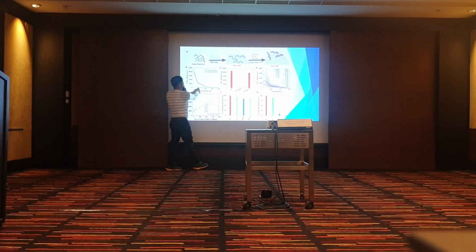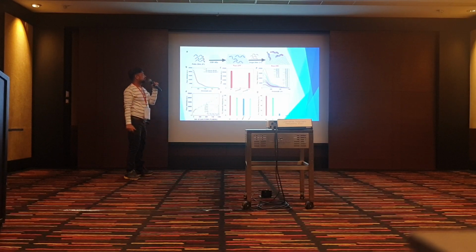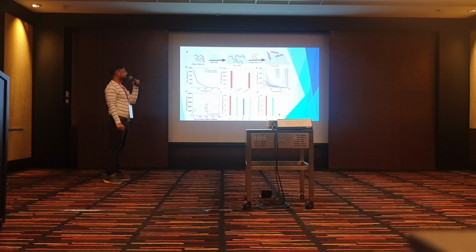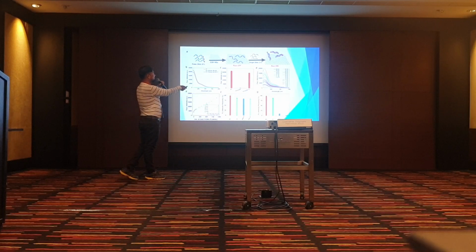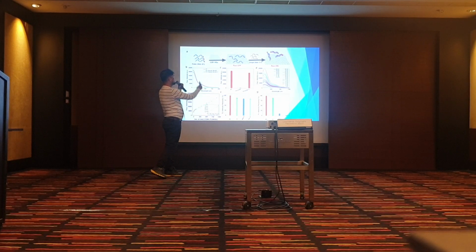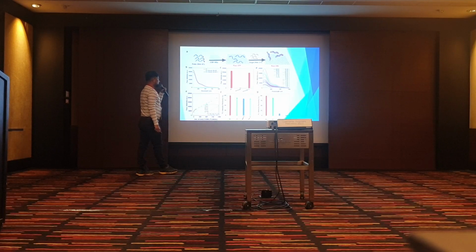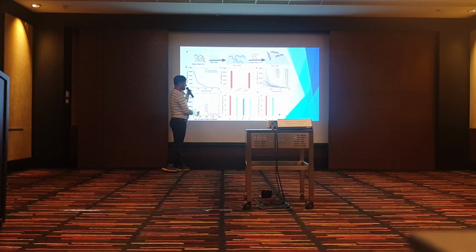And that graph is shown here. For different concentrations of the particular gene sequence we are measuring, there is a particular graph, and the intensity is increasing. So that's the way we are detecting COVID-19.